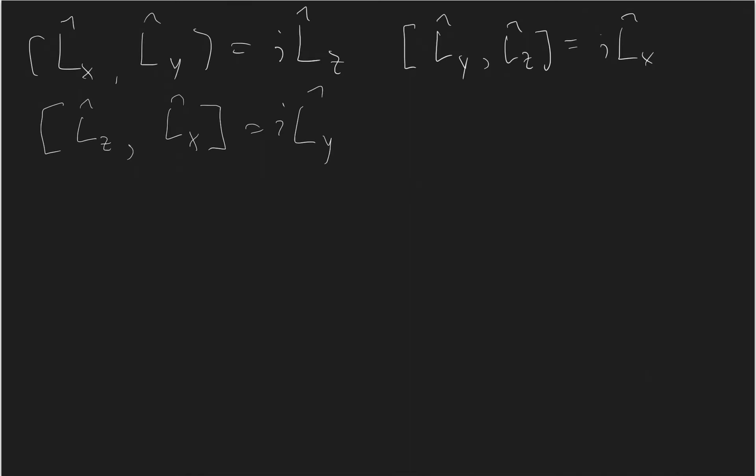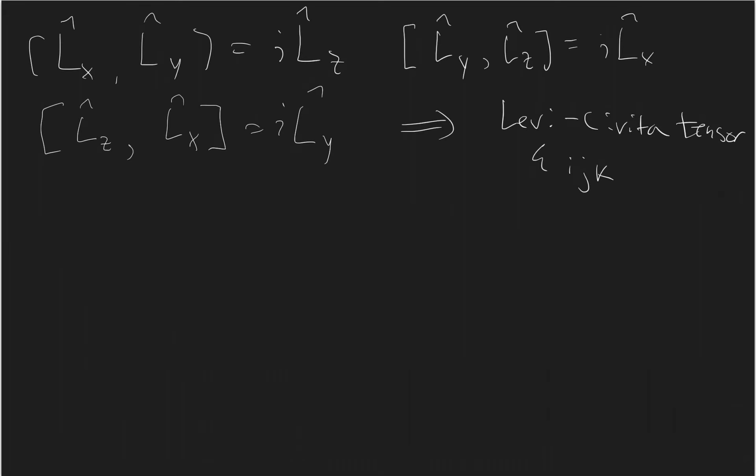Now we have these three results, and now that we've written all these out, we can write this in a shorter, more shorthand version using something called the Levi-Civita tensor, epsilon of ijk.